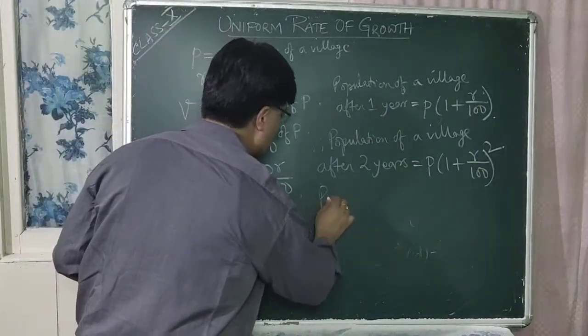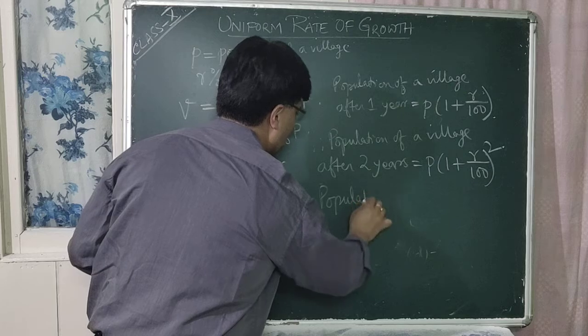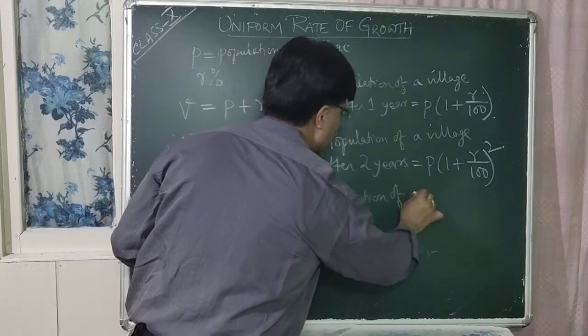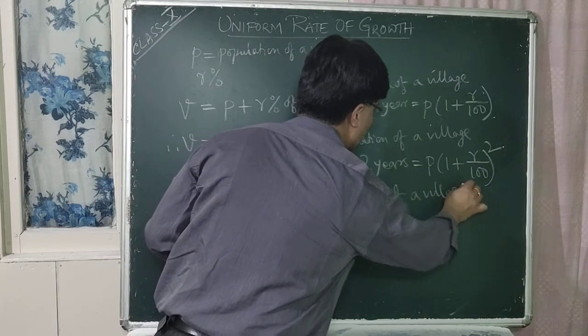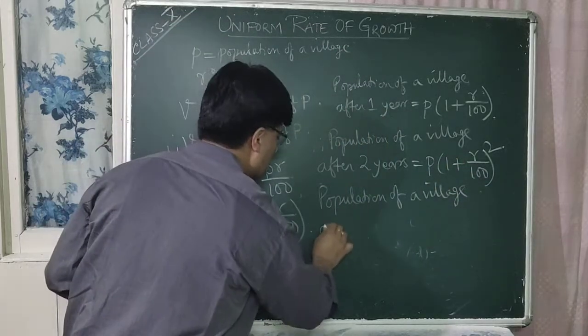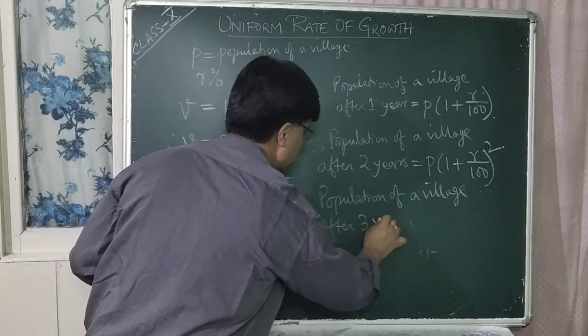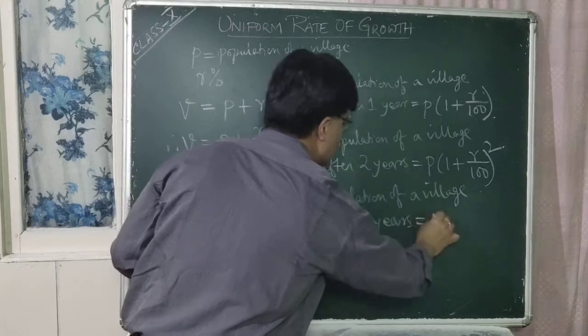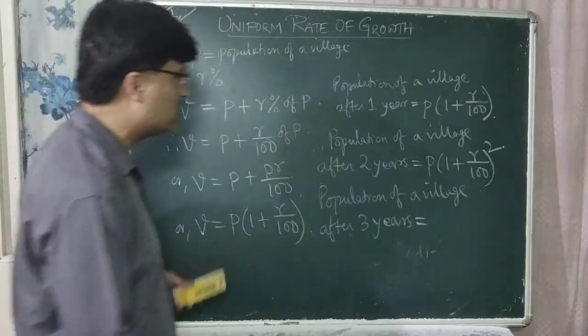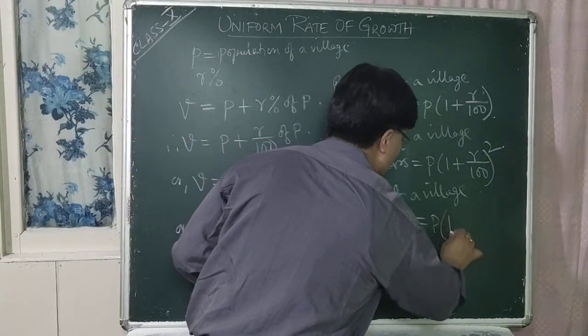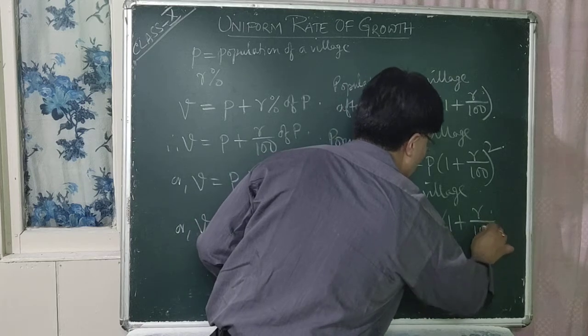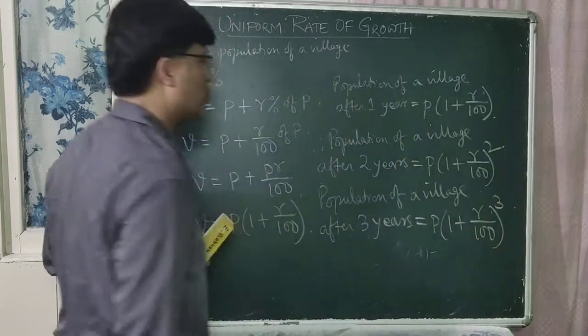Similarly, what is the population of a village after 3 years? You will get P into 1 plus R upon 100 whole to the power 3.